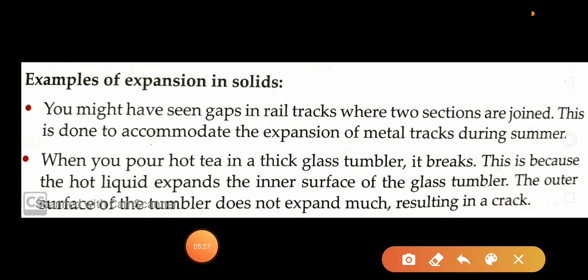The first example is you might have seen gaps in the rail tracks where two sections are joined. This is done to accommodate the expansion of the metal track during the summer. In the winters, that gap is okay, but in summers, due to the expansion, suppose this is one rail, then this is the second one.